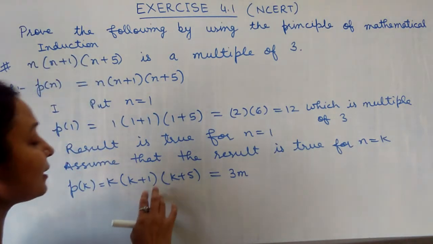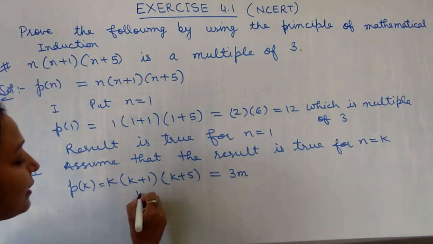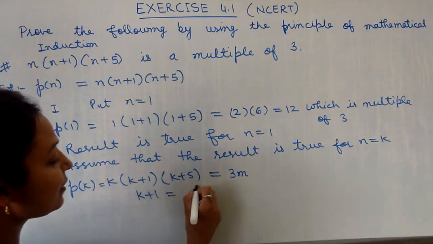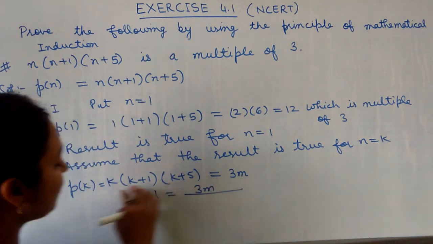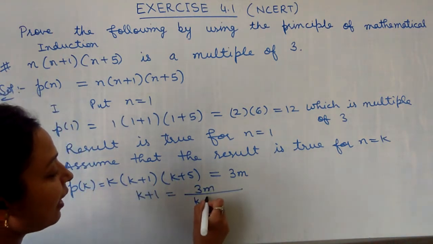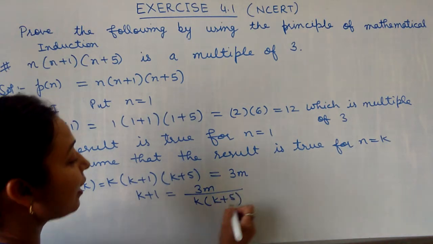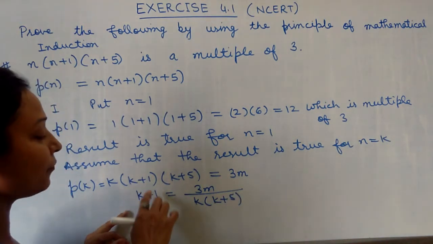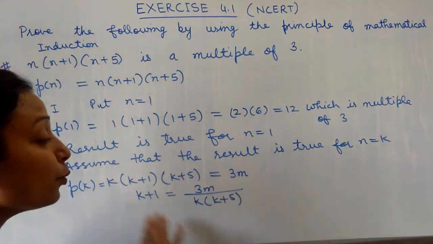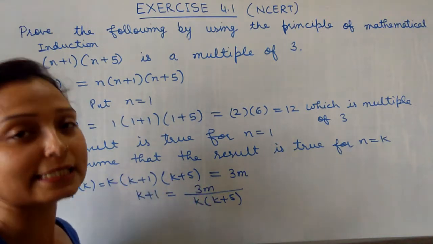For finding the value, we have to find out k(k plus 1), which will equal 3m upon (k plus 5). I will find the value of k(k plus 1) to use it for the third step.